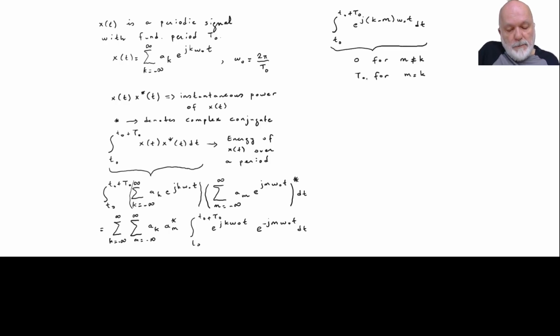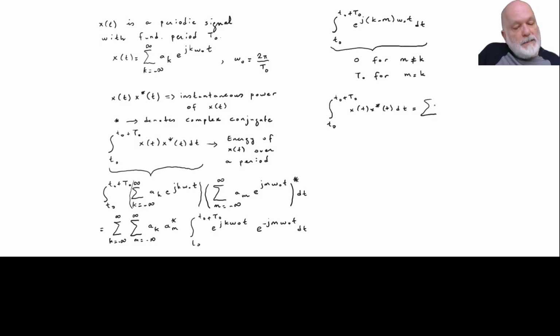Okay, and now this series expression becomes, okay, let us write down the integral again. So this integral from t0 to t0 plus capital T0, x of t, x conjugate of t, integrated with respect to t, is equal to.